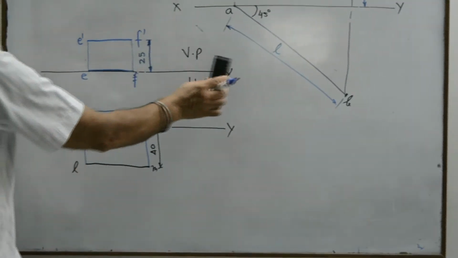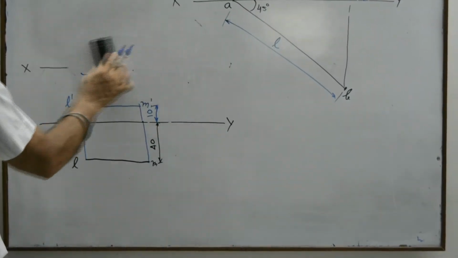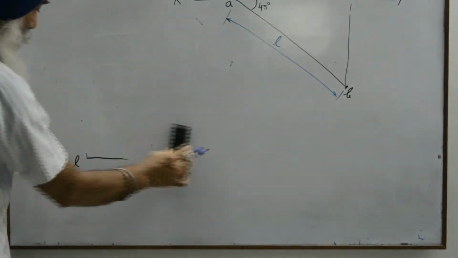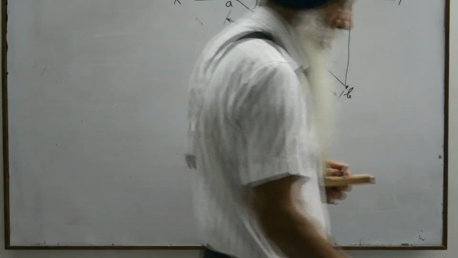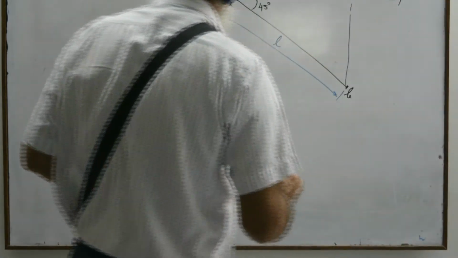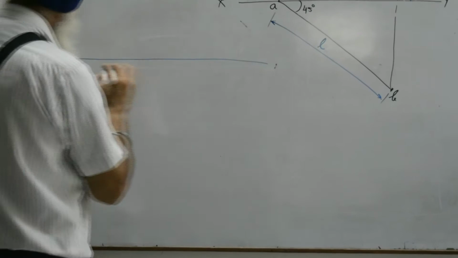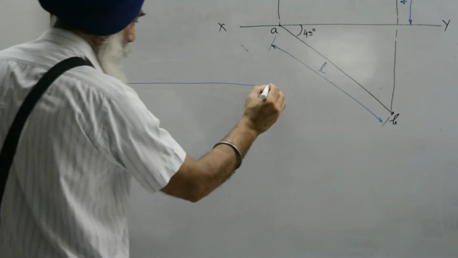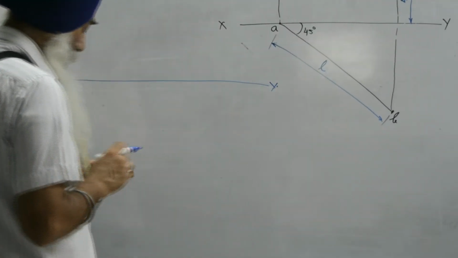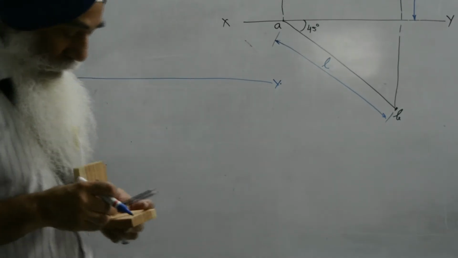again draw the line XY for its projections. This is the line XY. Again see, first you have to draw this.